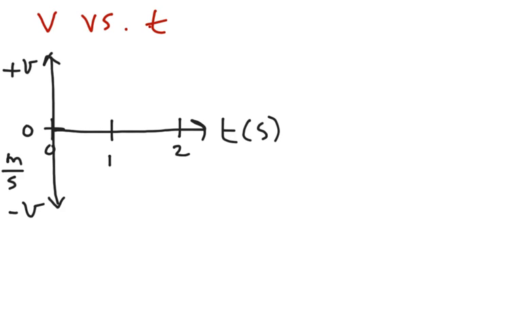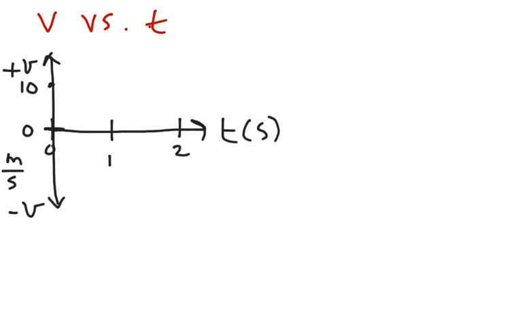Okay, now at 0 seconds, that's when the ball is just released from the person's hand. The ball is going in a positive direction, and it's going at, say, I believe we determined that to be 10 meters per second. At 1 second, the ball had reached its highest point. At that point, the ball is going at 0 meters per second, and 0 meters per second is right along the horizontal axis.